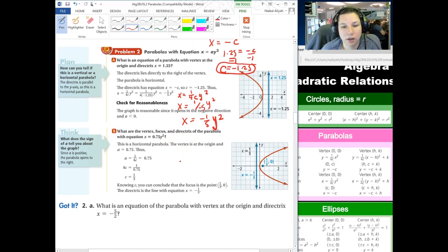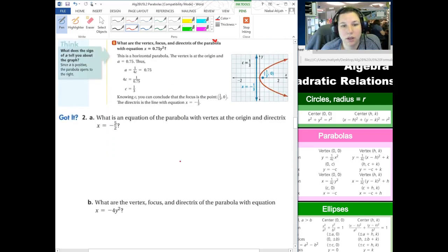We're going to do one more. What is the vertex, focus, and directrix of a parabola with the equation x equals 0.75 y squared? So this one, they gave me the equation. So 0.75 is going to equal 1 over 4c, because that's this part of the equation.